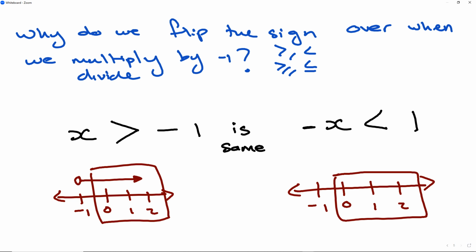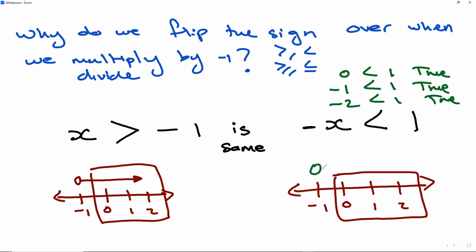Let's start with 0. If I put 0 in here, it becomes 0 is less than 1. Yep, that's true. If I put 1 in here, it becomes -1, which is less than 1. That's true. If I put 2 in here, this becomes -2, which is less than 1. That's also true.